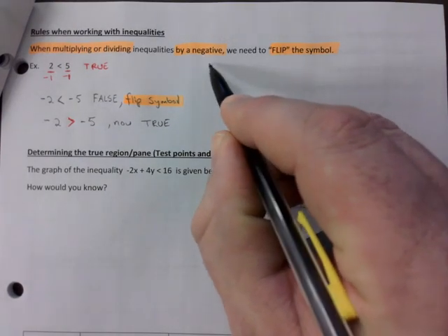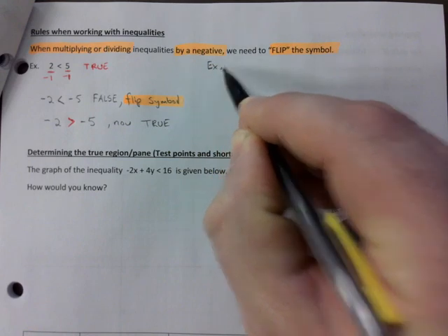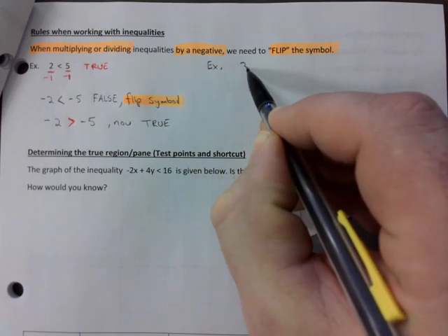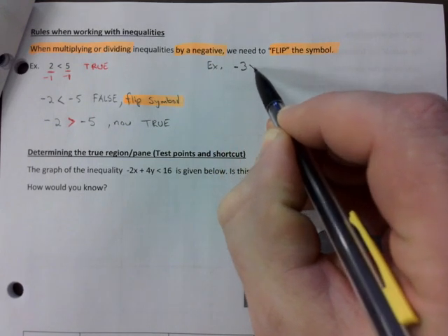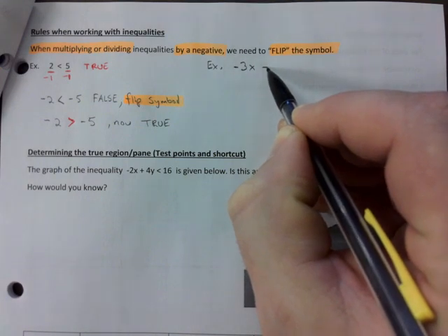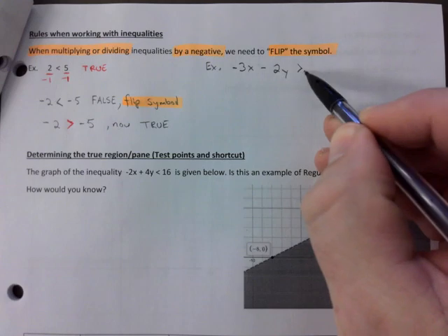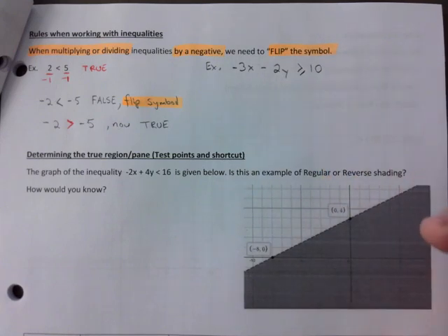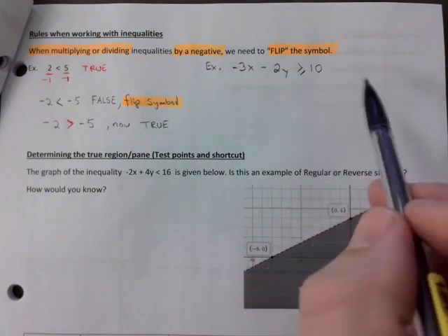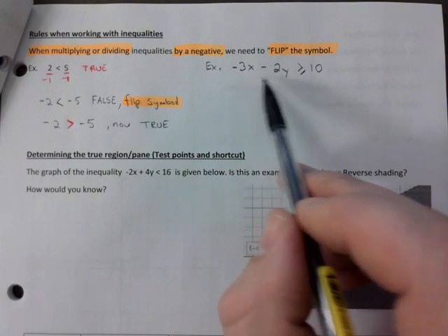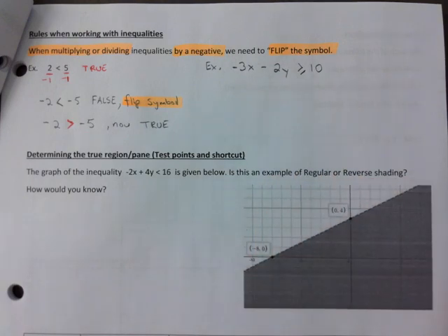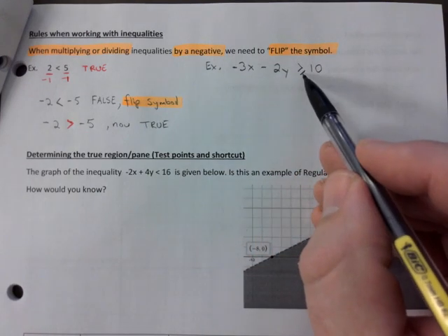So let's go with an example here. Let's say you get negative 3x minus 2y is greater than or equal to 10. This is an inequality, ladies and gentlemen. It's just using variables, okay? But it's an inequality because of that symbol.